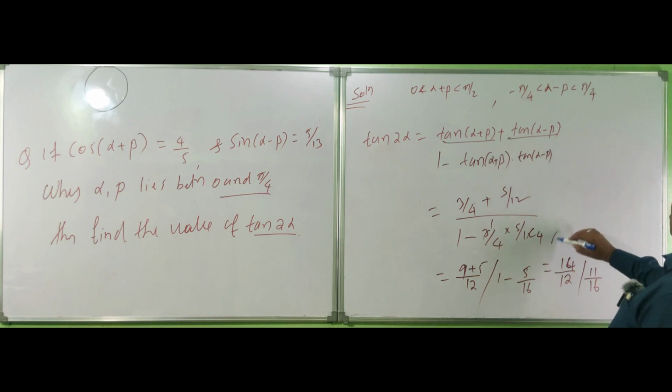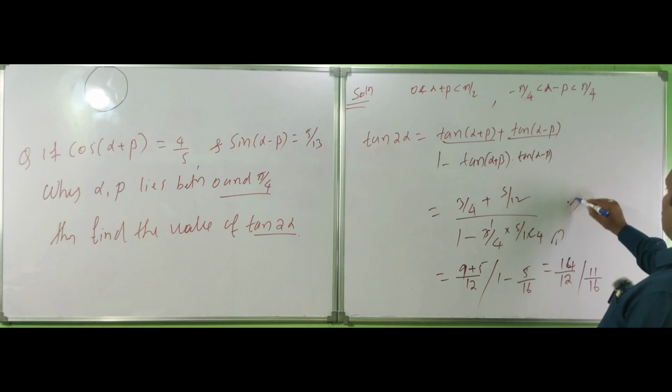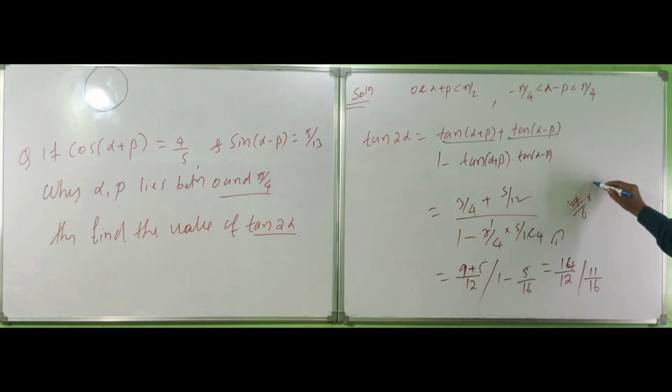So this gives 14 by 12, which is 7 by 6, into 16 by 11. Okay, 7 into 8 by 3 is 3 8s are 33. This makes 56 by 33.